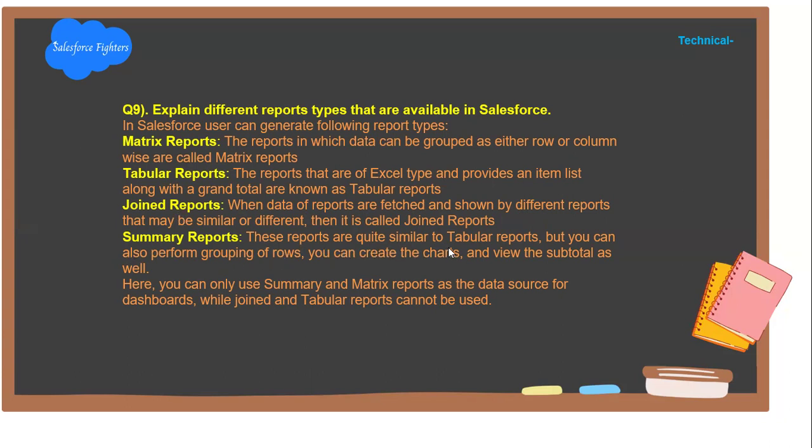These reports are quite similar to tabular reports, but you can also perform grouping of rows. You can create charts and view subtotals as well. Here you can only use summary and matrix reports as the data source for dashboards. Joined and tabular reports cannot be used.